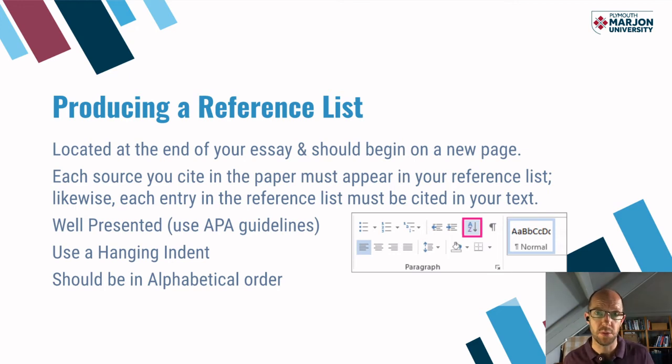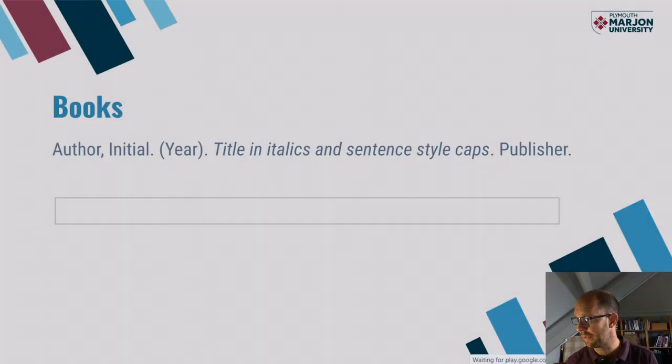So alphabetical order, hanging indent for that second line, space in between each entry, and it will look really nice and clear. They also need to be well presented, so you need to, in effect, have good attention to detail while you're doing it, and there are some rules to follow. So we'll look at some of those rules now.